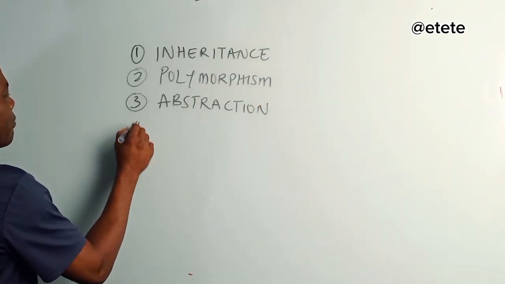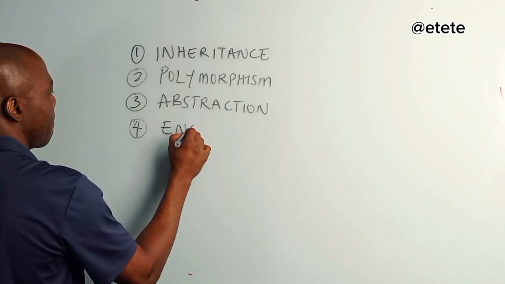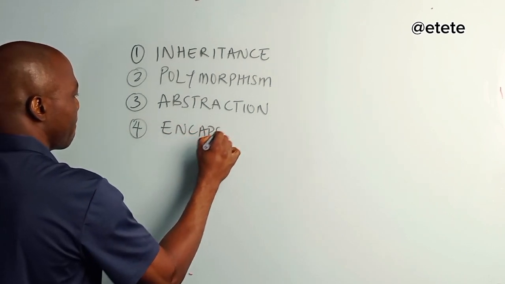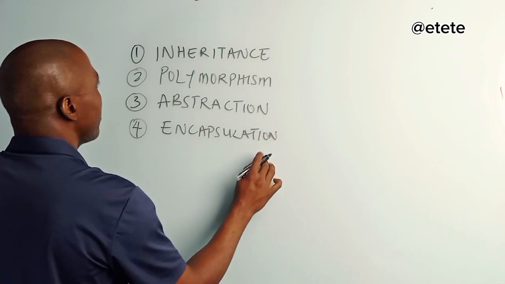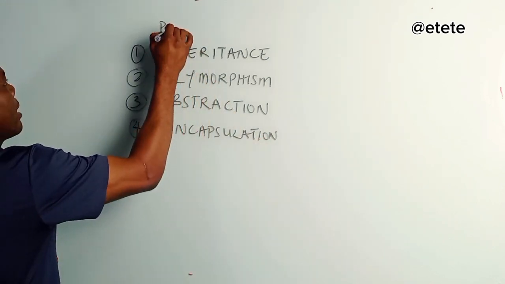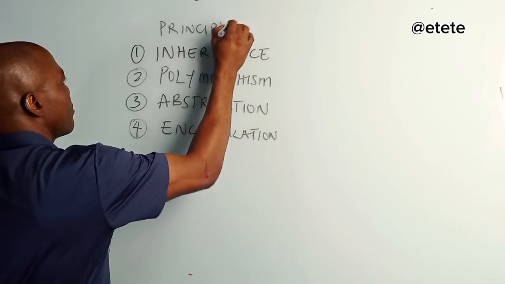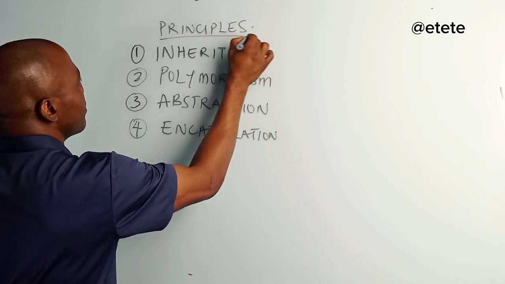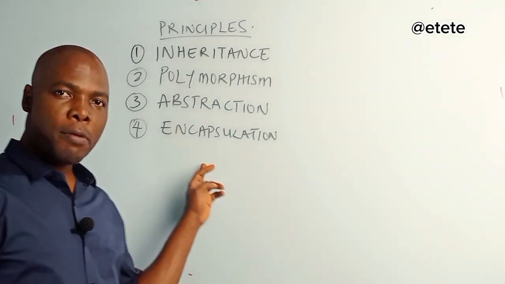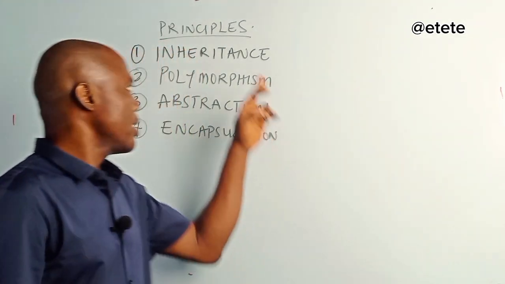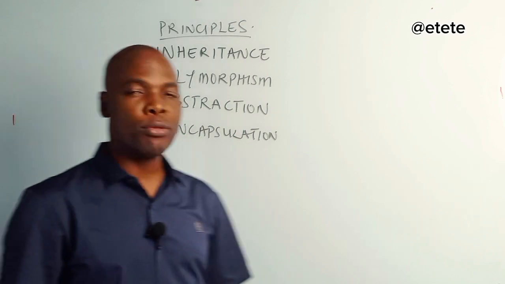And then we have encapsulation. Right? These are principles. So these are the four major principles we are going to look at: inheritance, polymorphism, abstraction, and encapsulation.